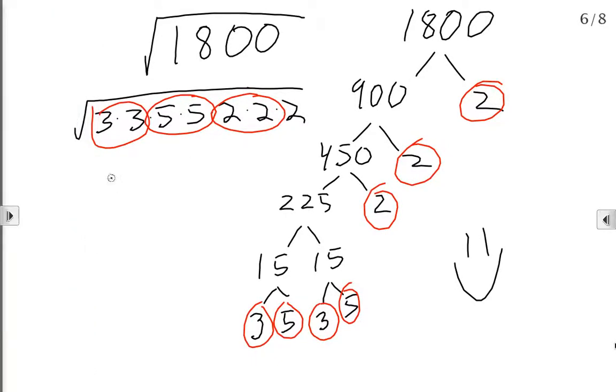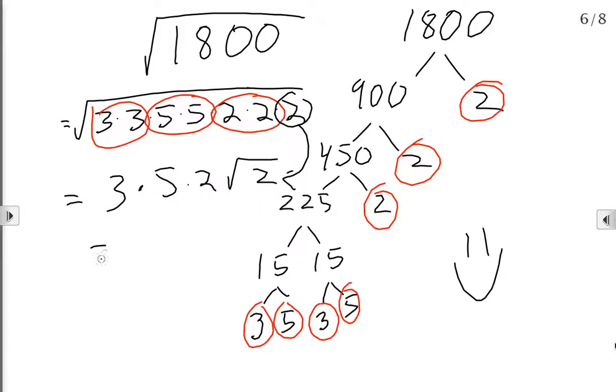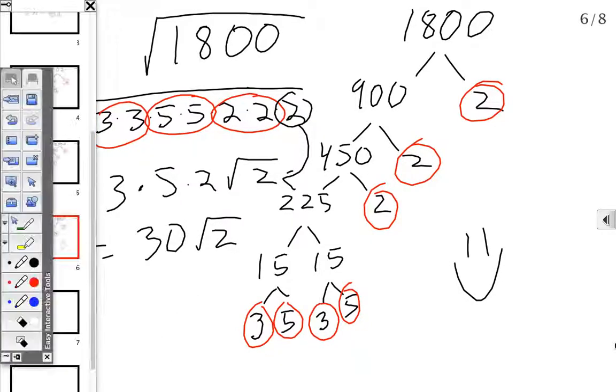And then for each pair, you brought one down. And then anything that was left behind was left behind. 3 times 5 is 15. 15 times 2 is 30. Square root of 2.